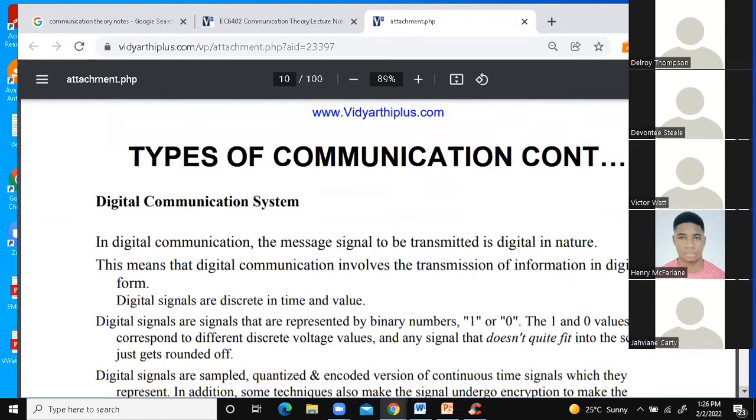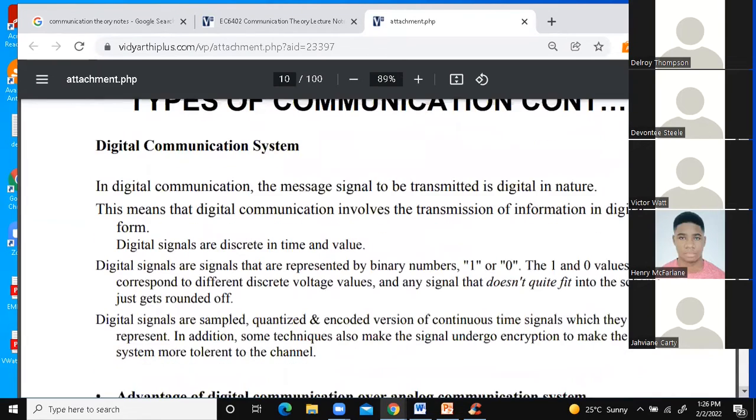So look over here at what is said about digital now. In digital communication, the message signal to be transmitted is digital in nature. This means that digital communication involves the transmission of information in digital form. Digital signals are discrete in time and value.